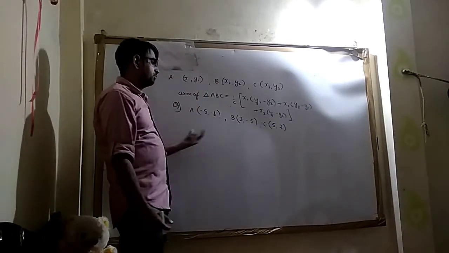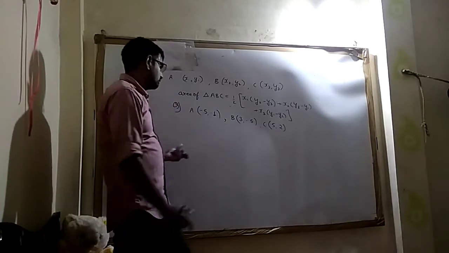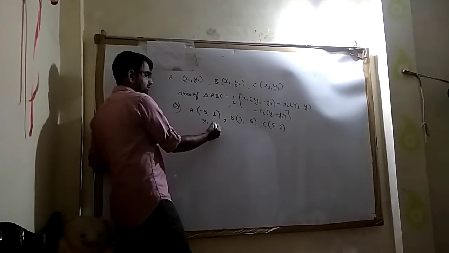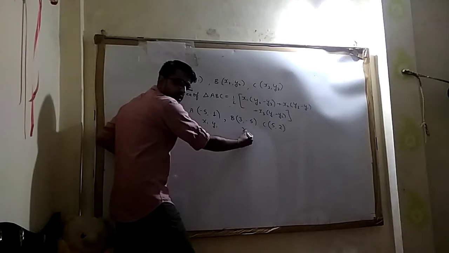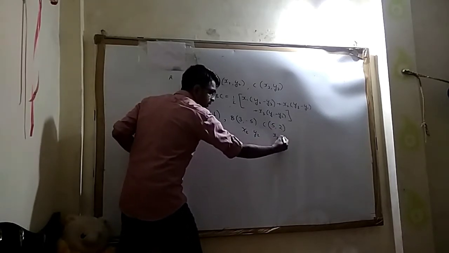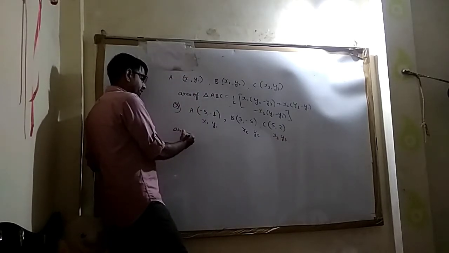I need to find the area of triangle. So according to this formula, just assume these are my x1 y1, these 2 points will be x2 y2, and this x3 y3. So what is area of triangle?